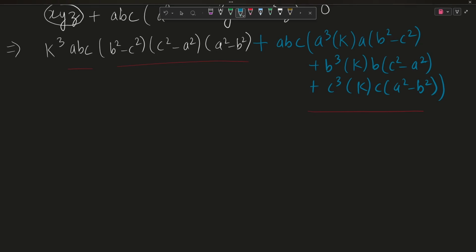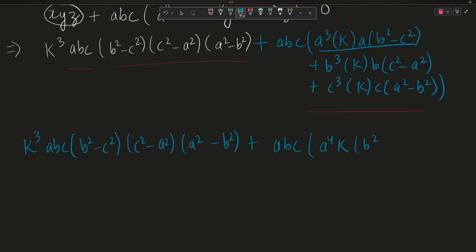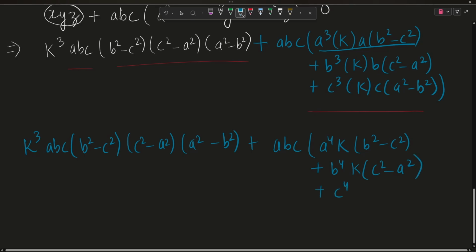So I can take k cube common, as k is common, further, right, k cube abc into b square minus c square, c square minus a square, a square minus b square, plus now we will have abc and k, and it will become a to the power 4 k into b square minus c square plus b to the power 4 k into c square minus a square plus c to the power 4 k into a square minus b square.